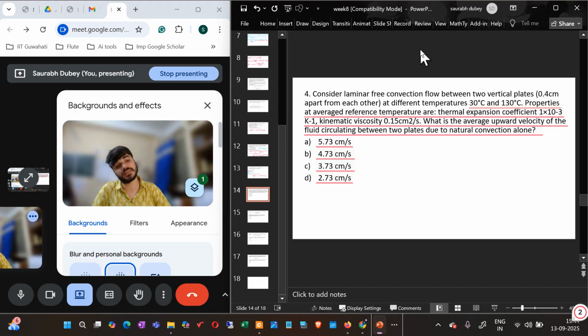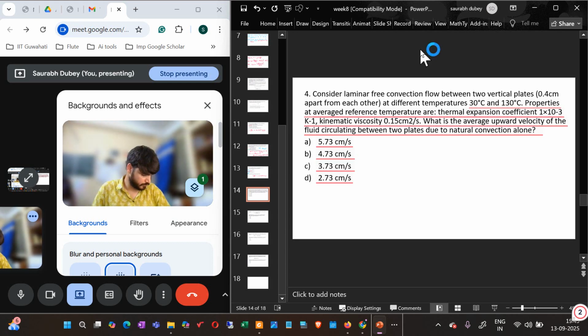So the value of beta you will be getting here at different temperature 30 and 130. And properties at average reference temperatures are thermal expansion coefficient is this, and whatever property are there, they're at their average reference temperature.